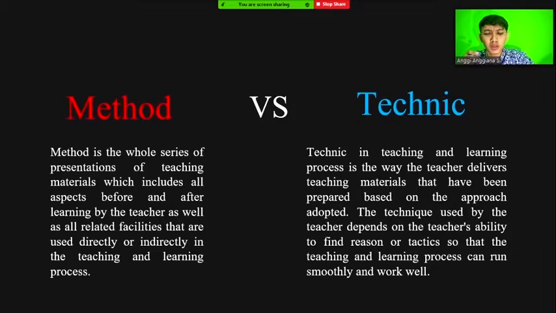Okay, maybe you are still confused about the difference. Okay, I'll give you a basic example. For example, the teacher would like to use the discussion method in the class. Discussion is the method.